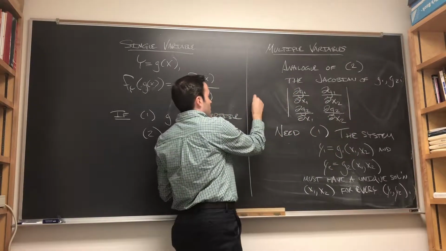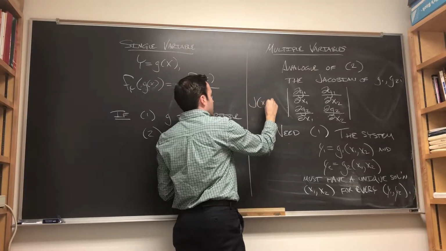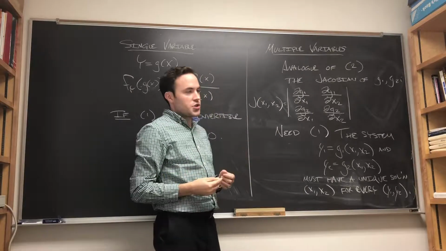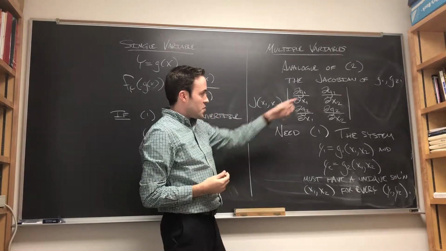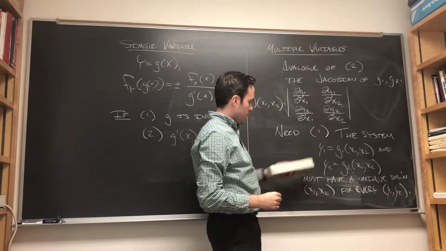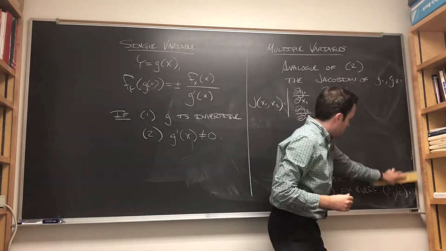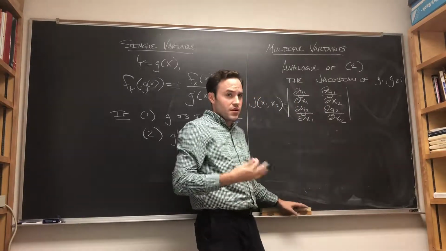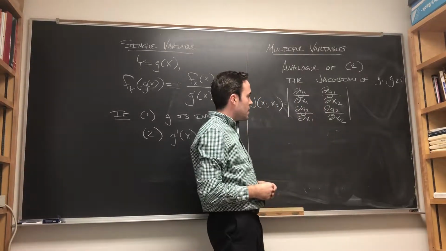All right, this is what we're going to call J of x1, x2, the so-called Jacobian of this pair G1 and G2. All right, and let me get rid of this. Hopefully we've got that down by now, right? This pair G1, G2 has to be invertible is effectively what 1 said.